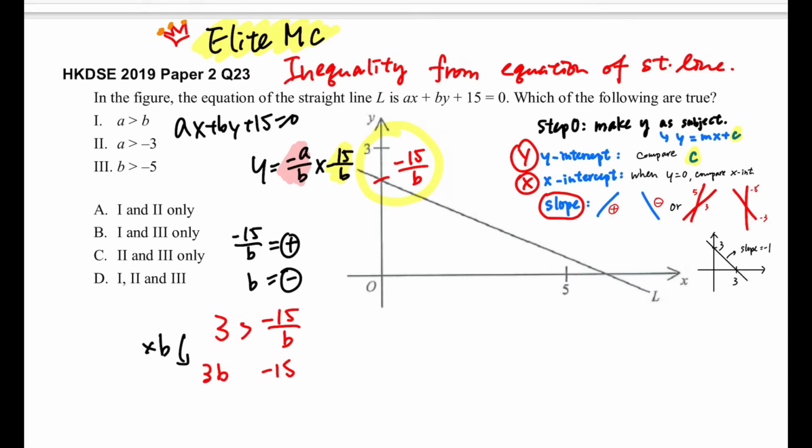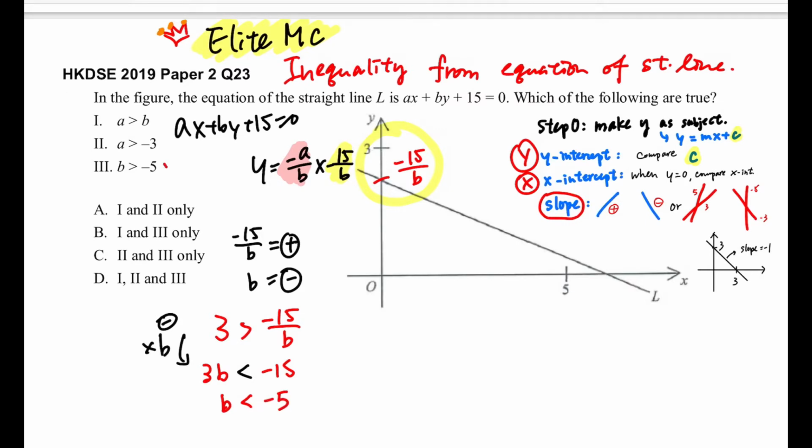So if we are trying to times b, which is a negative number, then we need to swap our sign from larger to smaller. Then next step, b will be smaller than negative 15 over 3, that will be negative 5.